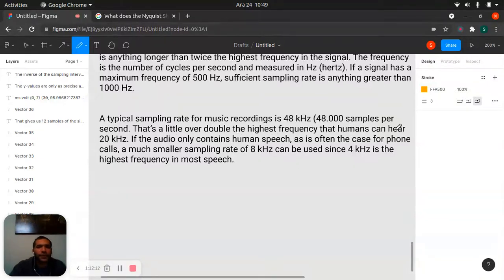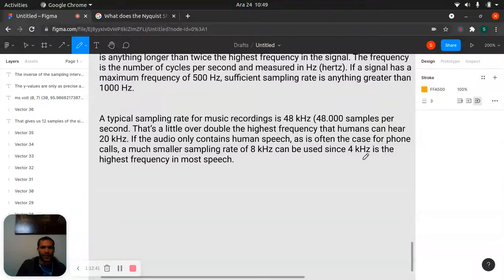The highest frequency that humans can hear is 20 kilohertz. So if the audio only contains human speech, as is often the case for phone calls, when you speak with people on your phone, a much smaller sampling rate of 8 kilohertz can be used, since 4 kilohertz is the highest frequency in most speech.